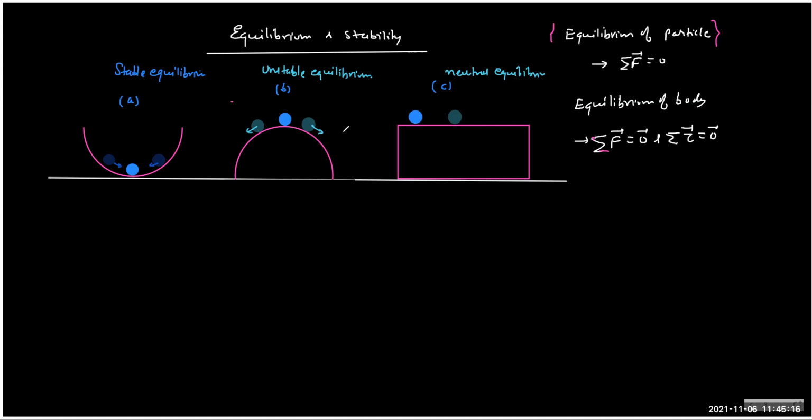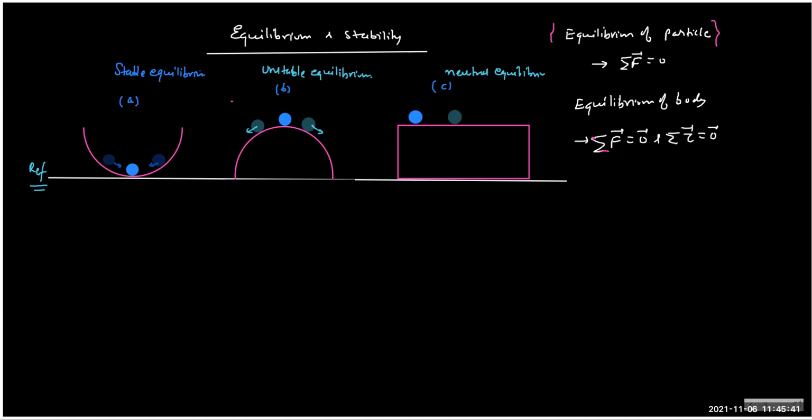So now if you try to analyze in terms of energy, the better intuition is to look at the potential energy of all three cases. Let's call this a reference. So in the case of stable equilibrium, what do you see? The potential energy is minimum or maximum or nothing.